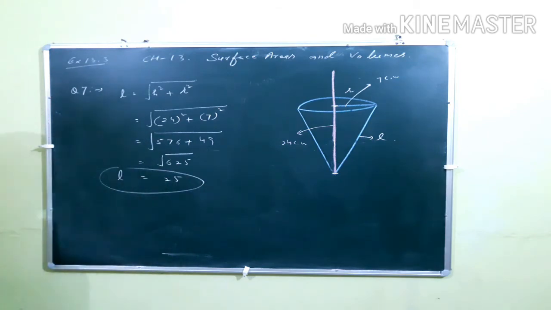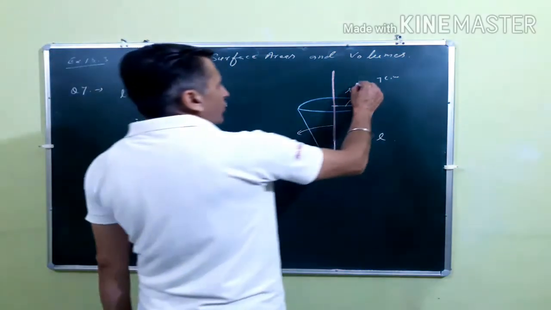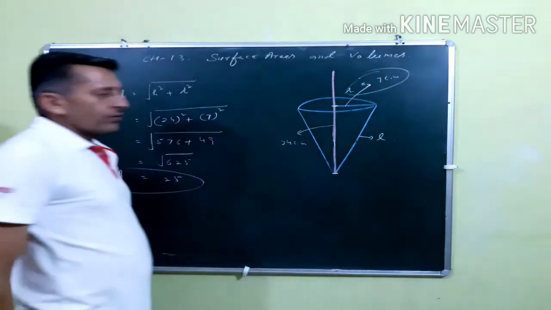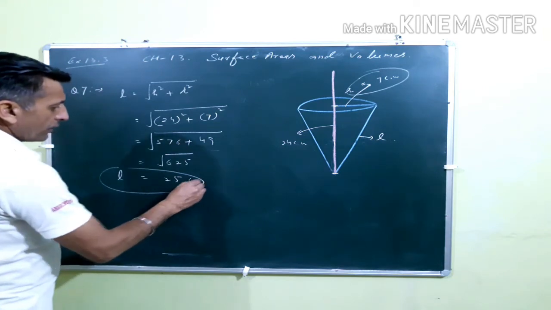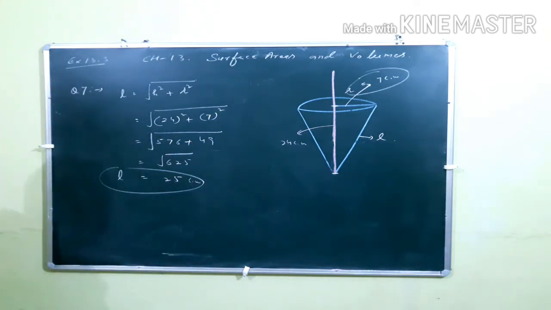So L is known, and R is equal to 7 centimeter. Both the units are in centimeter, so L is 25 centimeter. Now you can find its curved surface area.